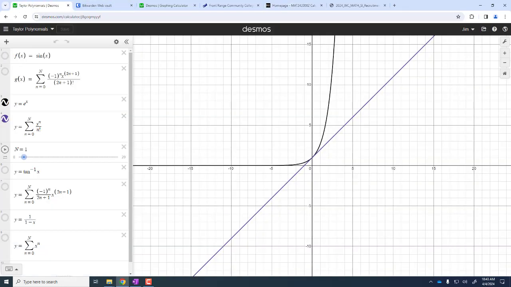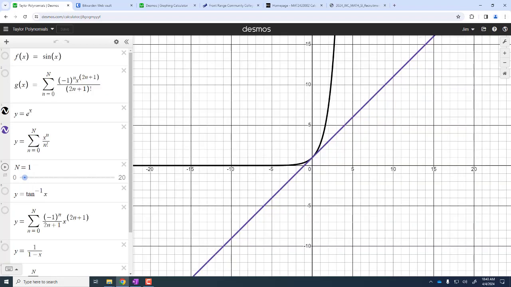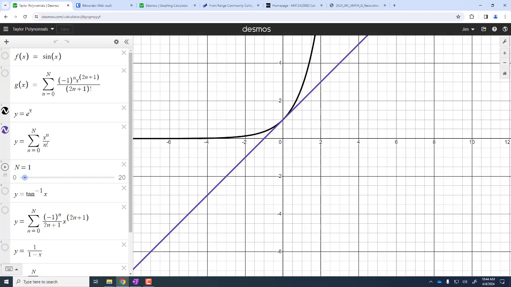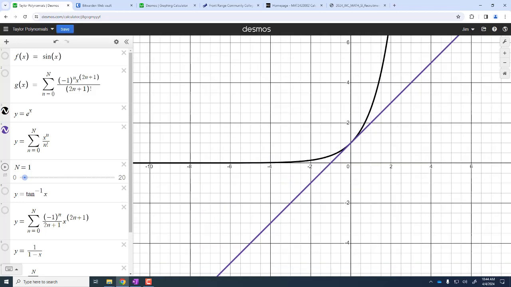So if you look at, here's the black curve right there is e to the x. That purple curve is the best linear approximation, which is the best first order approximation, and this is all centered at the origin. So that's the best linear approximation right there. And you can see, yeah, if you go over to 0.5 in each direction, it's a pretty good approximation.